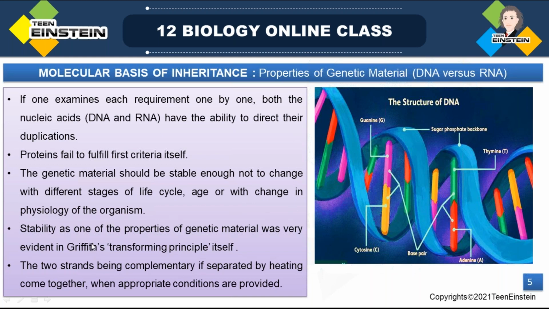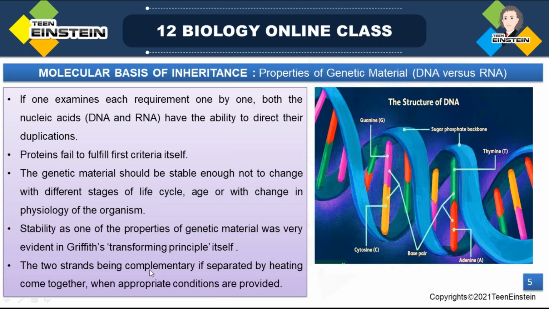And stability as one of the properties of genetic material was very evident in Griffith's transforming principle itself. In Griffith's transforming principle, the main thing proven was the stability of the genetic material.